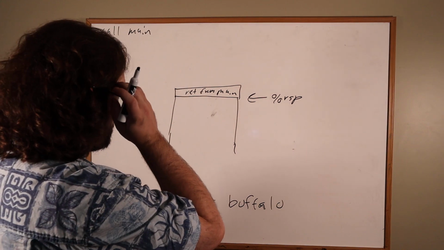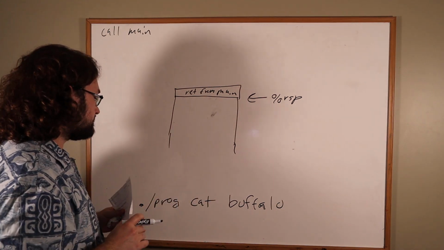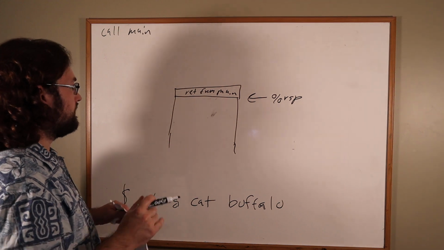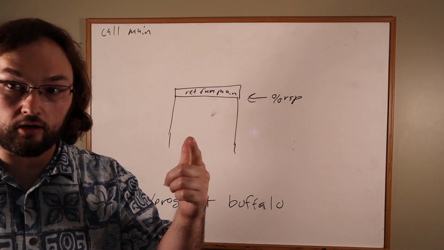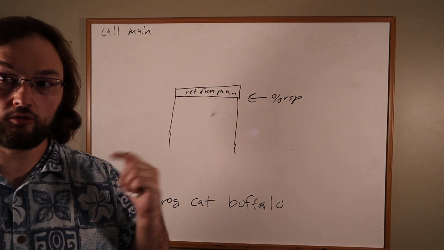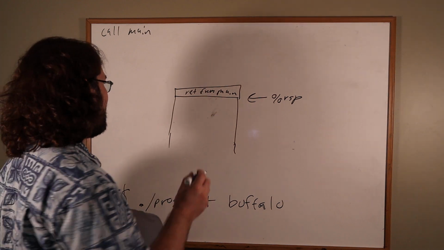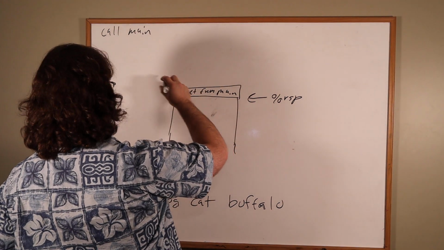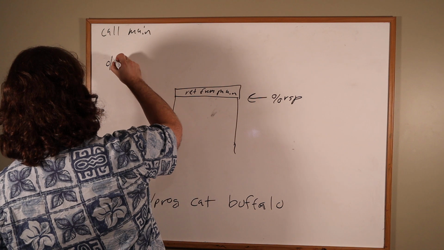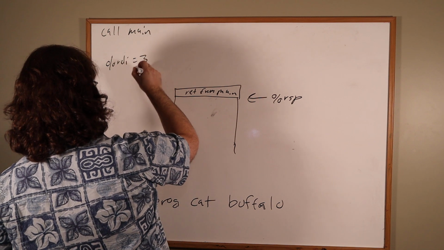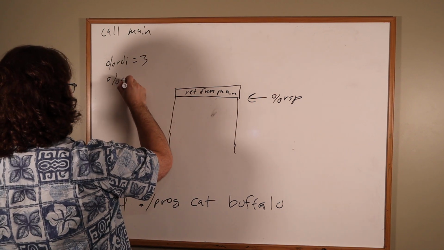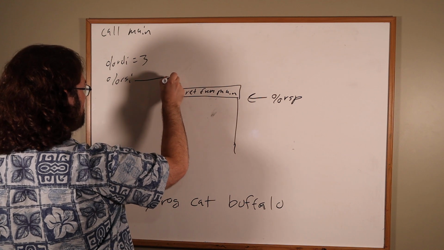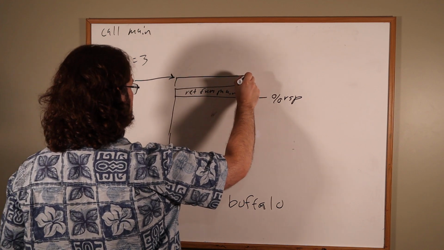Above that, we're going to have, so this was, RDI and RSI had our two arrays in them. RDI is 3, and then RSI is going to point to an 8-byte value here.